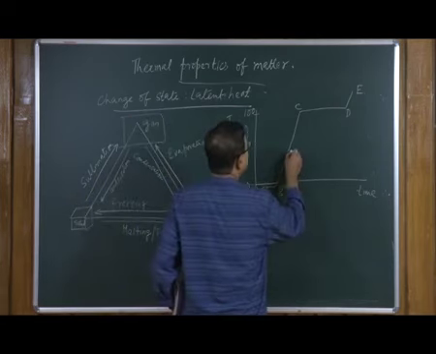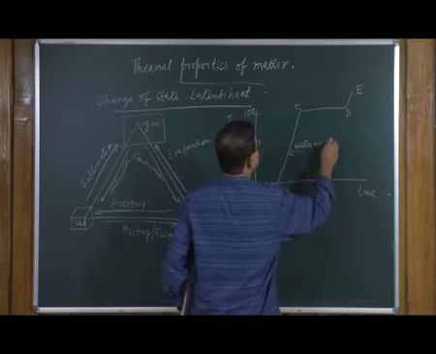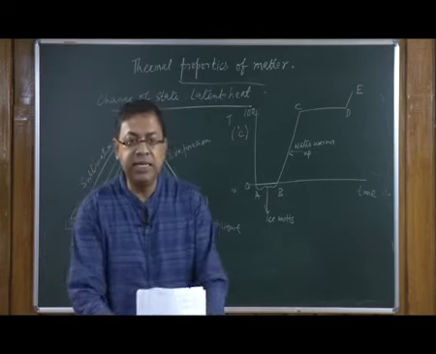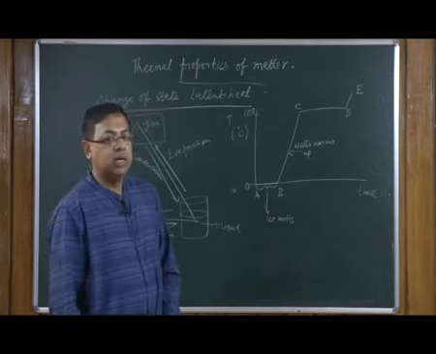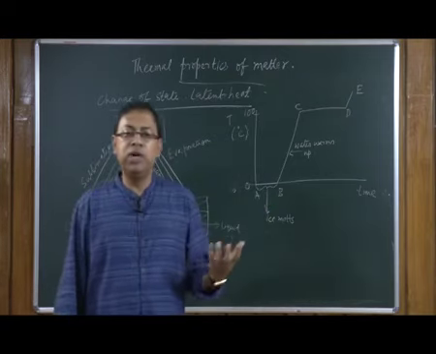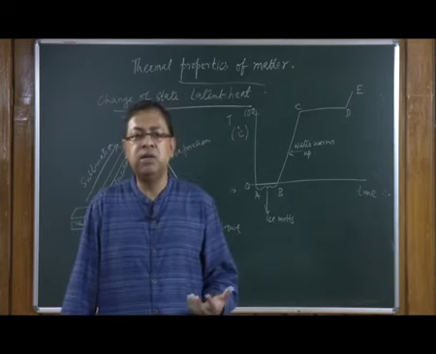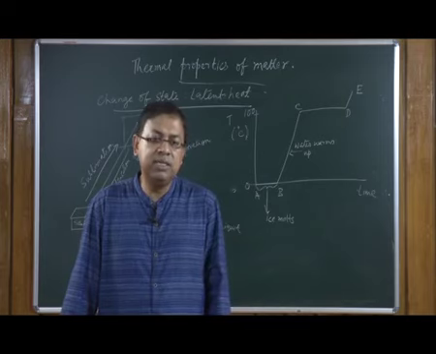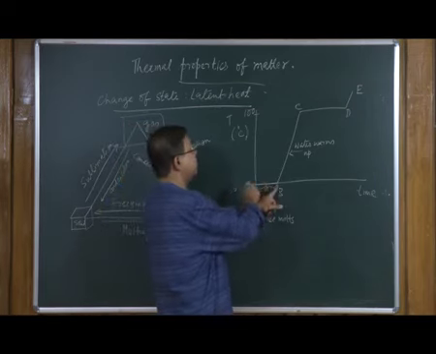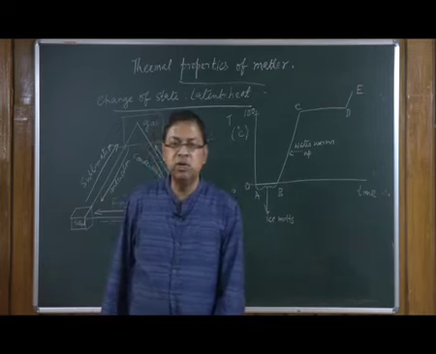In this part the water warms up, and the heat needed for the water to warm up will follow this equation Q equal to mc delta T, where Q is the heat, m is the mass of the substance, C is the specific heat of the substance, and delta T is the temperature difference. Here the temperature difference is 100 minus 0, which is 100 degrees or 100 Kelvin.